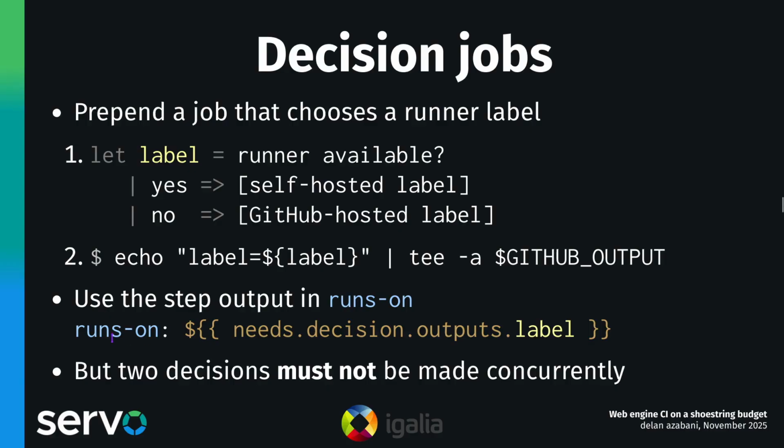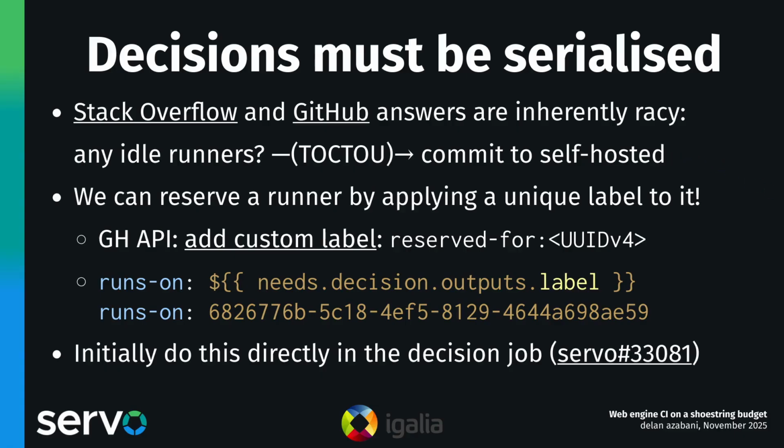The one caveat with this approach is that you need to be careful to only do this decision process one at a time. You should not do two instances of this process concurrently and interleave them. The reason for this is something you'll see if you think about a lot of the answers that you get on Stack Overflow and the GitHub forums.